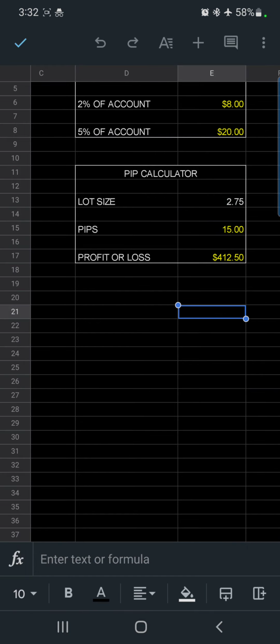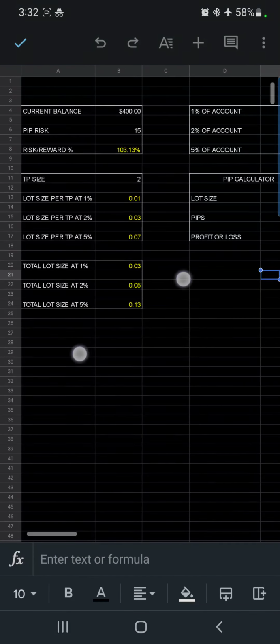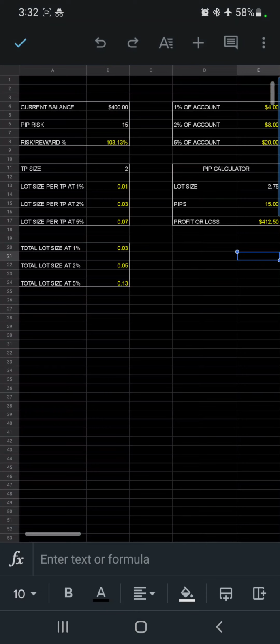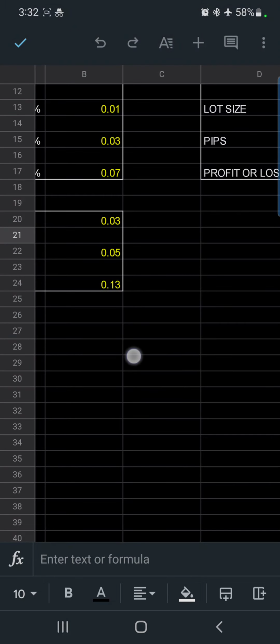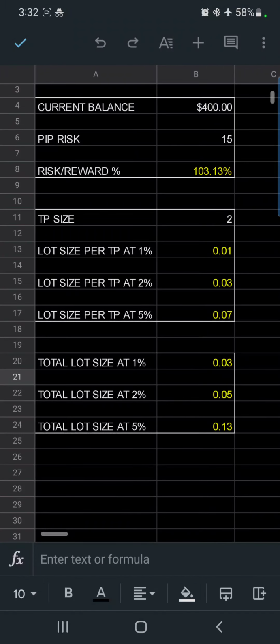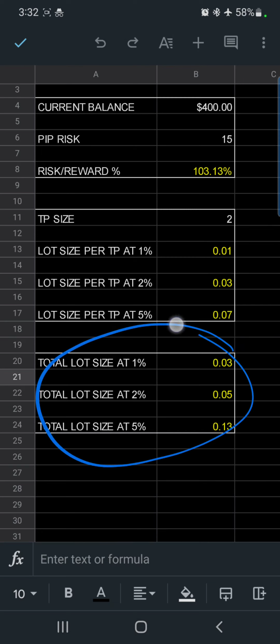So let's do a quick review, a quick recap. So with this proper risk management lot size spreadsheet, you use your current balance, your pip risk, and the TP size to determine what your lot sizes are going to be in total and your lot size per TP level.